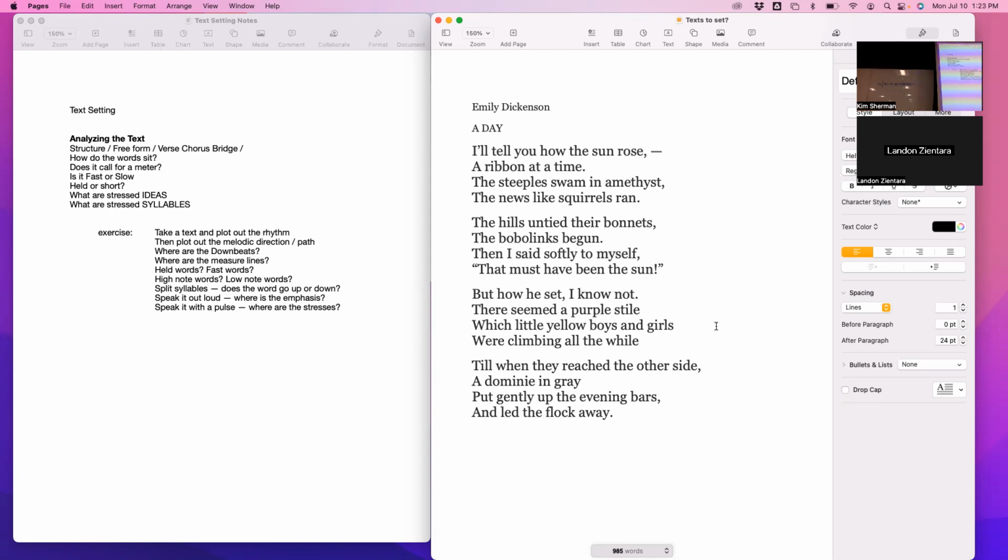Now we get to decide. So we think this is the pickup. Do we think this is in 4 or? I'll tell you how the sun. So what do you think? It's like 2, 2? So let's just do that, 2, 2.